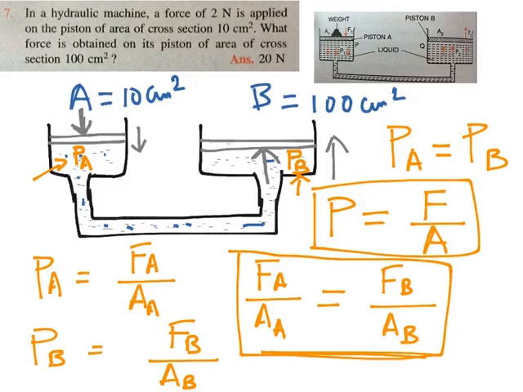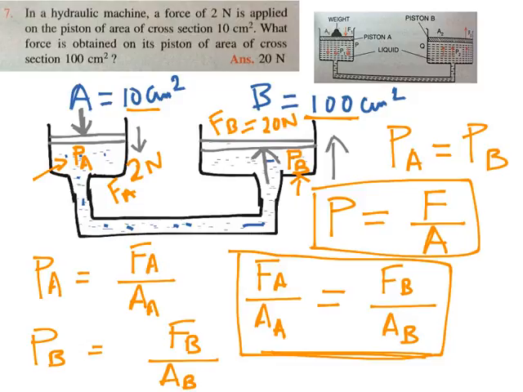See, the area was 10 centimeter square at A and 100 centimeter square at B, so it's 10 times the cross section area of A. And the force at A was 2 Newton, and the force felt at B, which you have calculated, was 10 times that, 20 Newton.